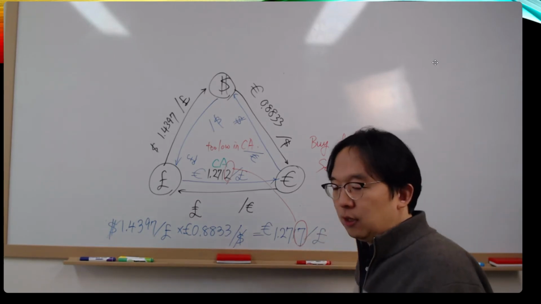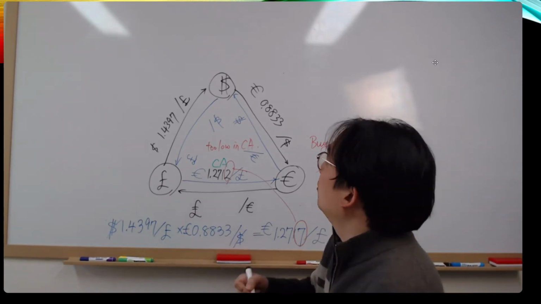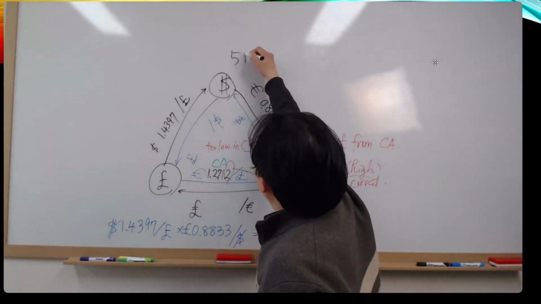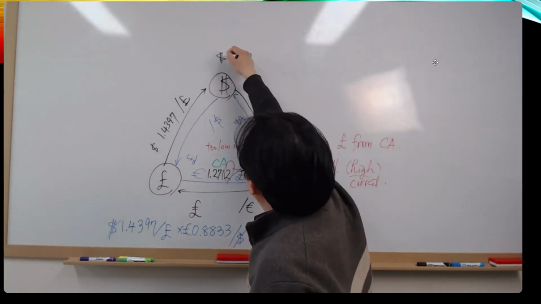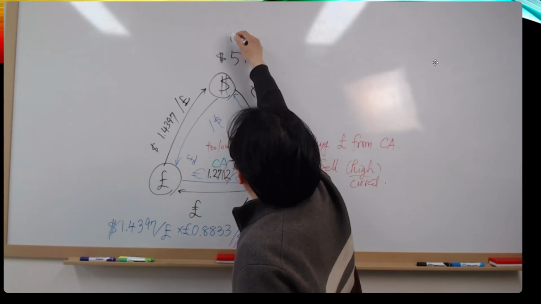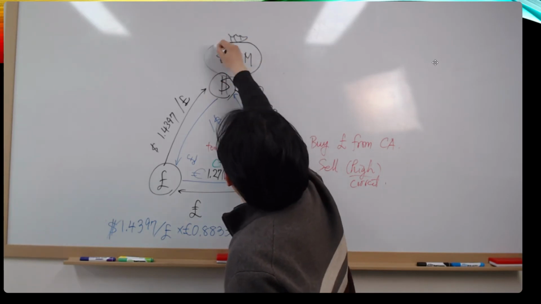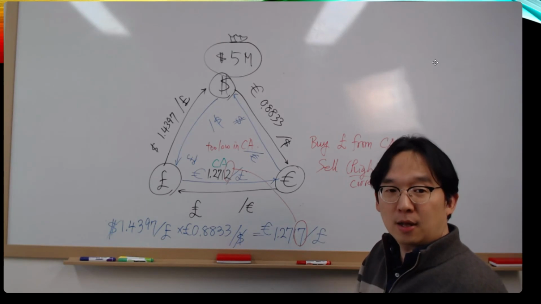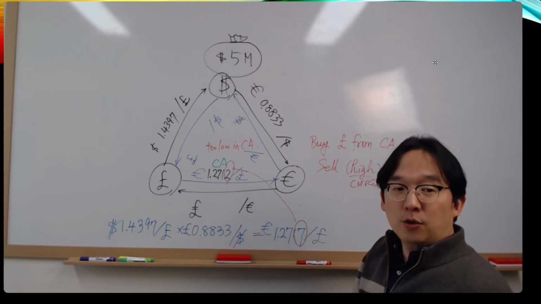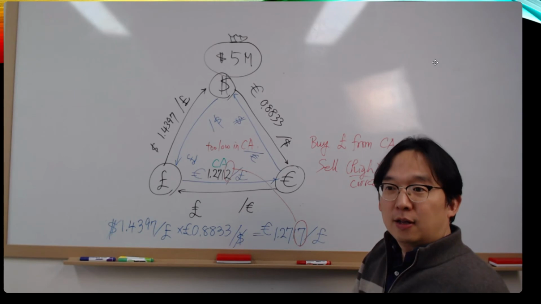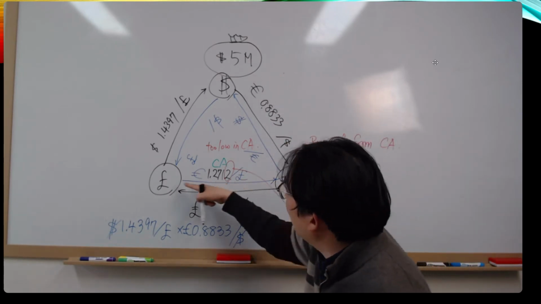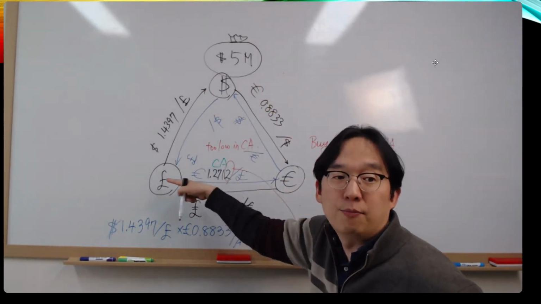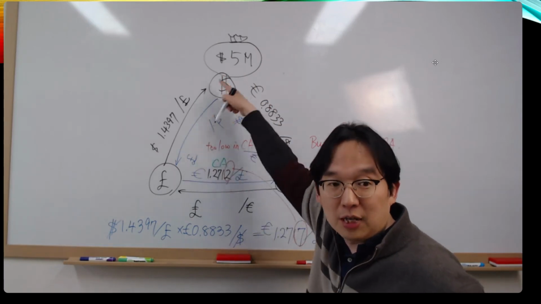And here the problem said you're starting with 5 million US dollars in the beginning, right? 5 million US dollars. So what do you do? Well, you have to go this way so that you will be able to buy British pound from Crédit Agricole, right?